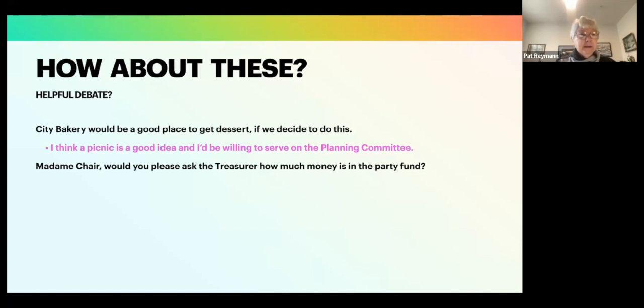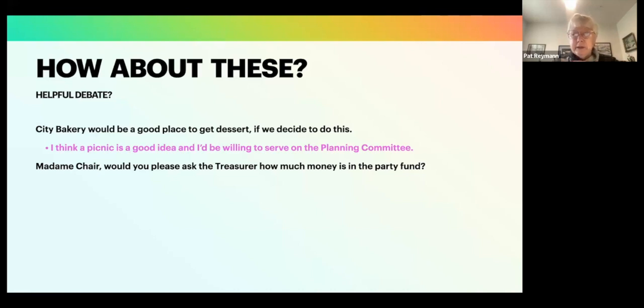Okay. All right, here's someone that says, Madam Chair, would you please ask the treasurer how much money is in the party fund? Okay, actually, that is good because it's not asking the treasurer directly. The person is speaking to the chair, and they're asking how much money is in the party fund because that would perhaps affect how much this is going to cost.